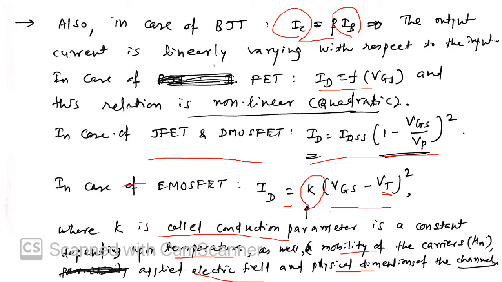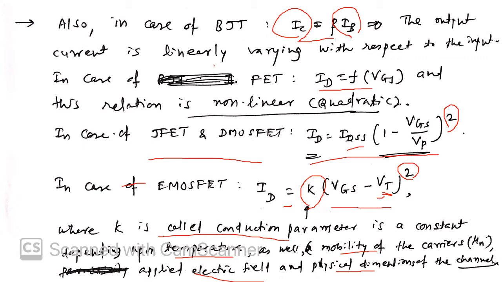But here see, in both the cases ID depends on the square of the VGS. Once again, IDSS, that is the maximum saturation current, as well as VP, the pinch-off voltage, the threshold voltage, or K, these are constants defined by the manufacturer.